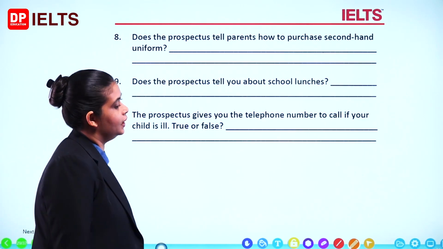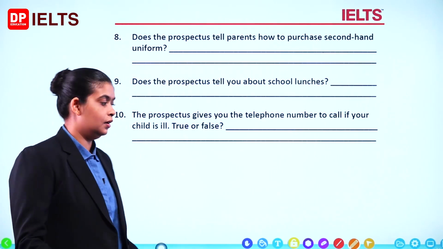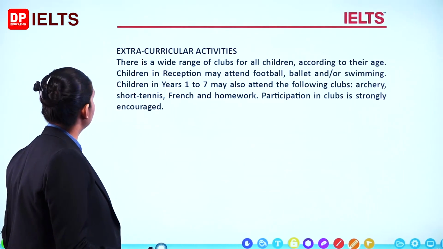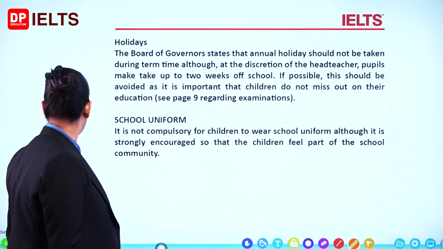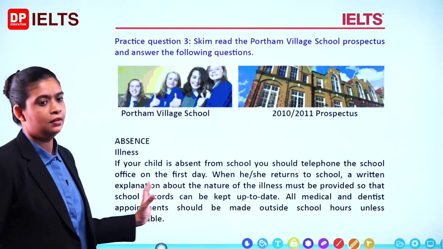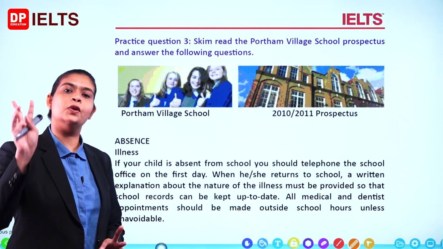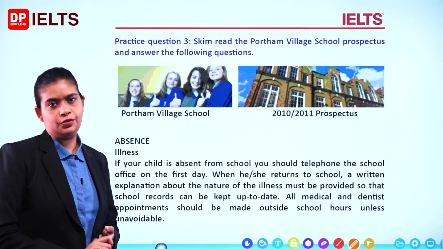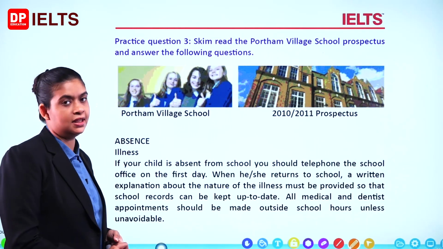There you go. Okay. So pause the video here. Go back to the start of this specific reading para. Okay. And then find the answers. I'll give you about, say, 2 to 3 minutes to quickly skim read through and find the answers.